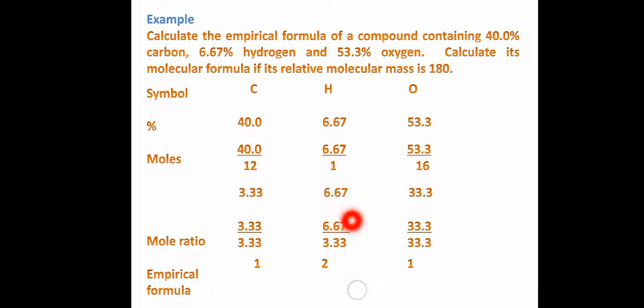Now, at this point, I guess it is very important to note that you have to actually round off the numbers below to whole numbers. Now, you know the usual rounding rules. If it is 5 and above, round up. If it is below 5, round down.